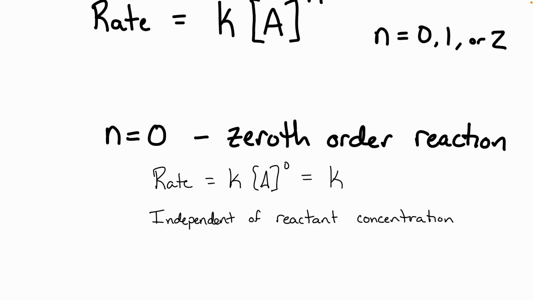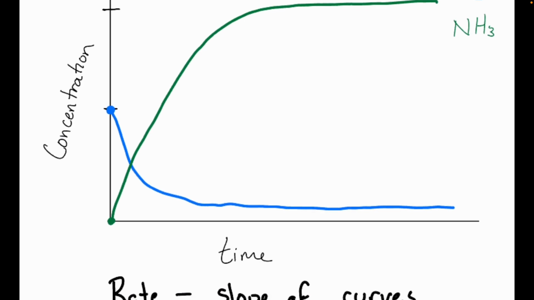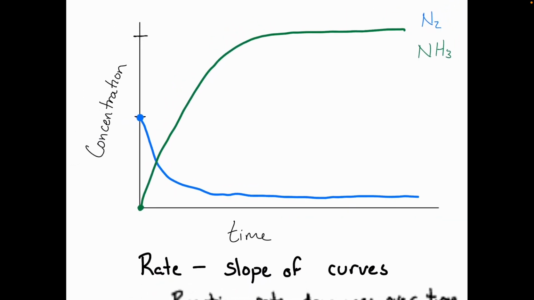If we go back to our sample reaction here, is this a 0th order reaction? No. How do we know it's not? Because it's changing. If it wasn't, it would be independent, it would be a constant slope.